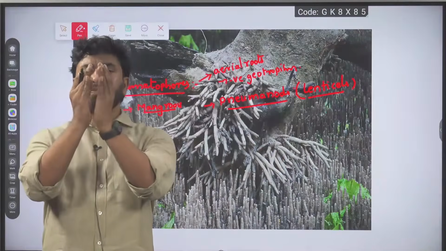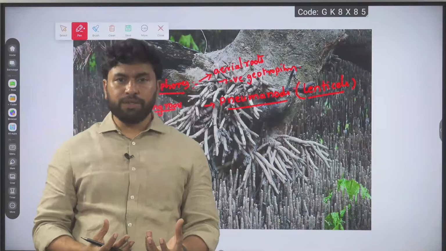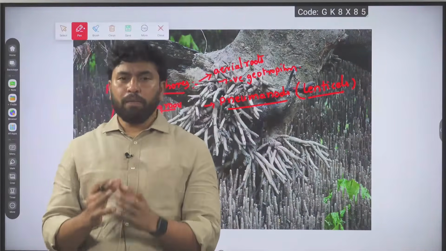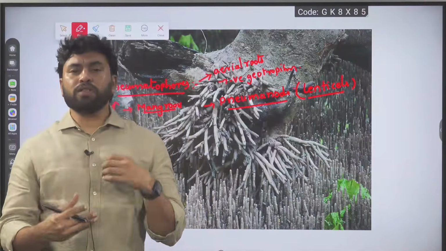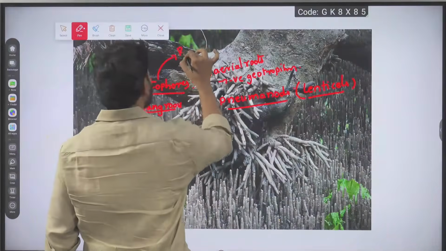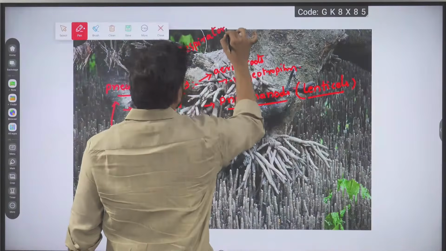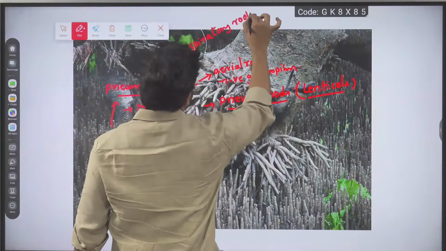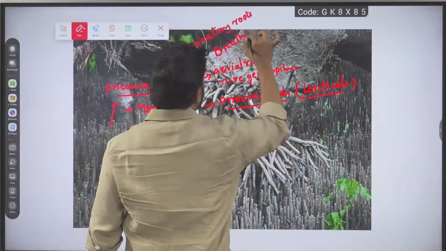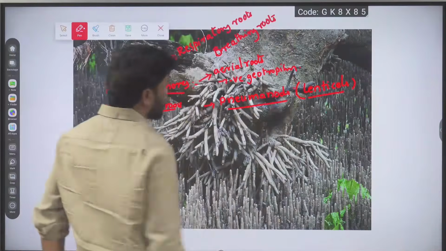These lenticels are exposed to the air and responsible for absorption of oxygen into the root system. Such kind of roots which help in intake of oxygen from the atmosphere are also called respiratory roots, and sometimes breathing roots. Breathing roots, a root which is able to breathe.